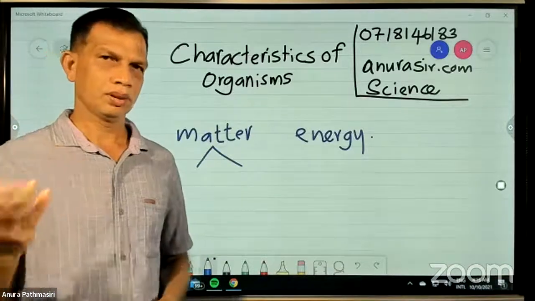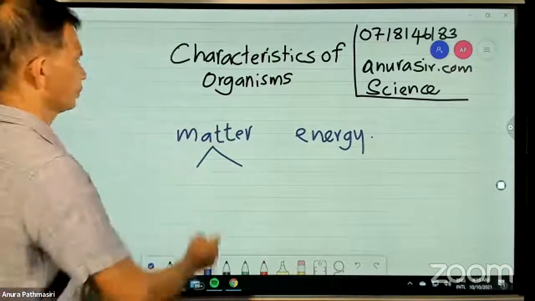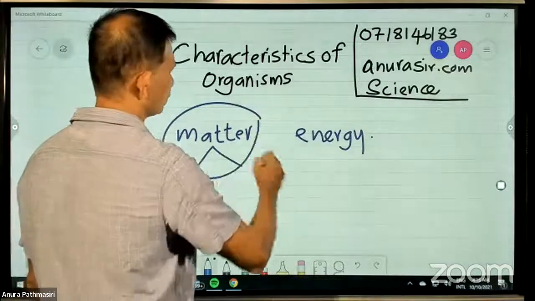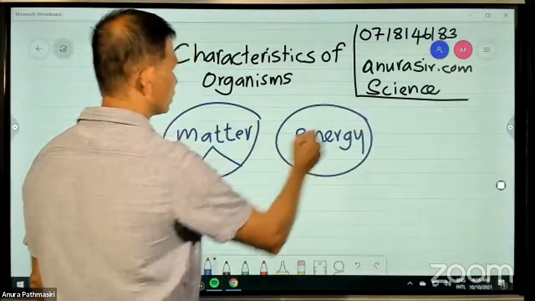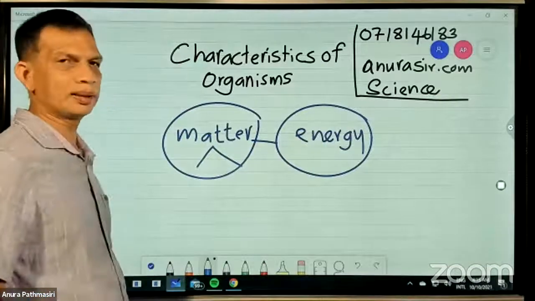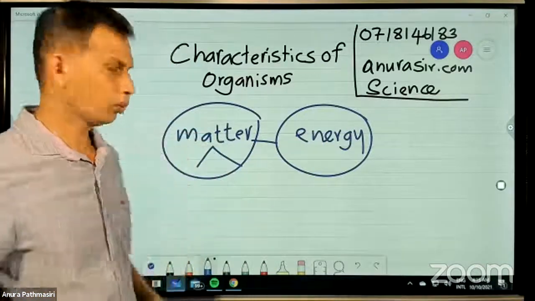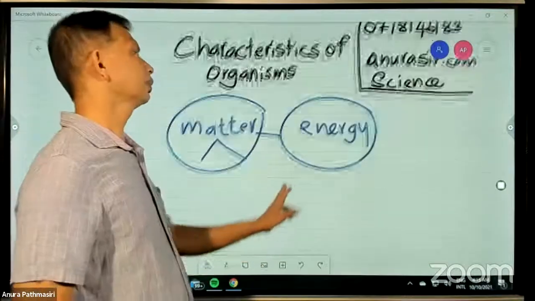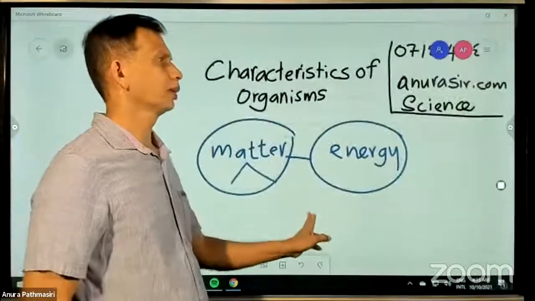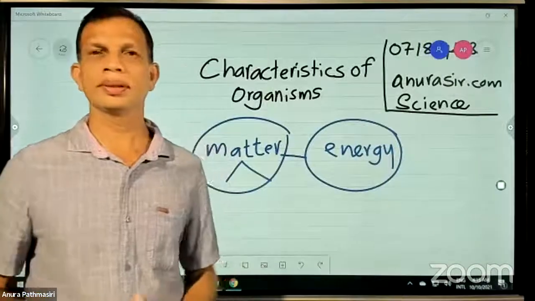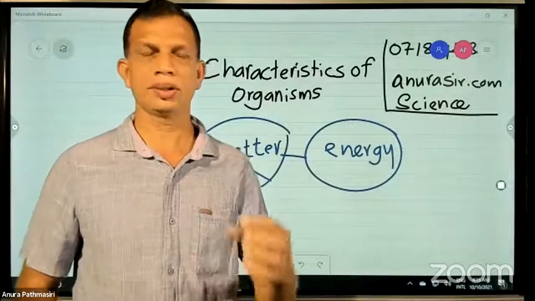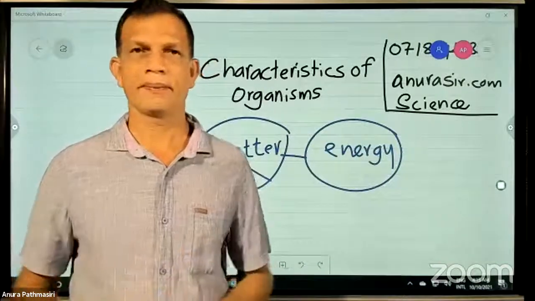But when we think of living organisms, all this matter and energy are required for creating the living organism. So, what are the characteristics of a living organism? How is a living organism created?